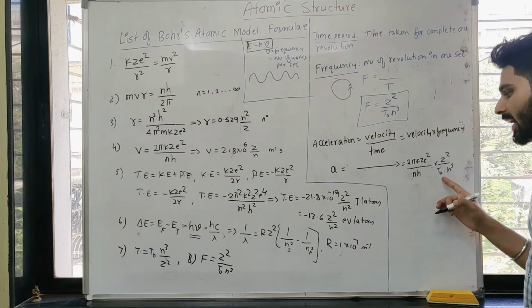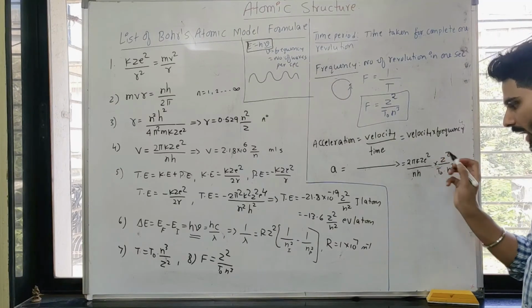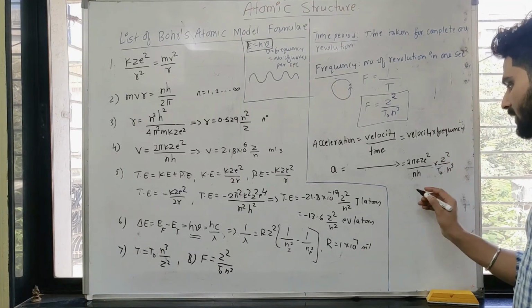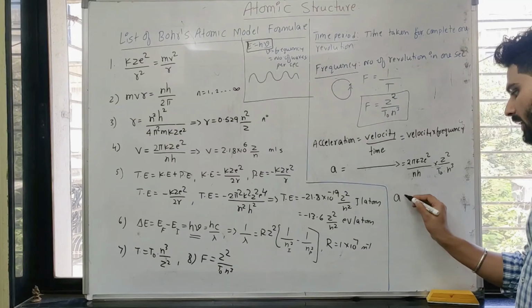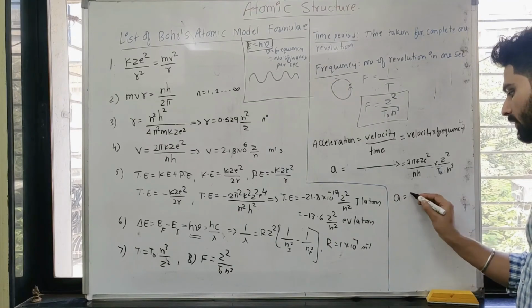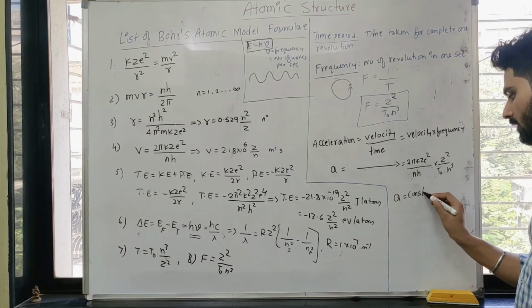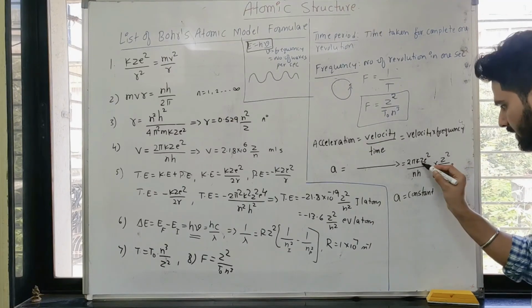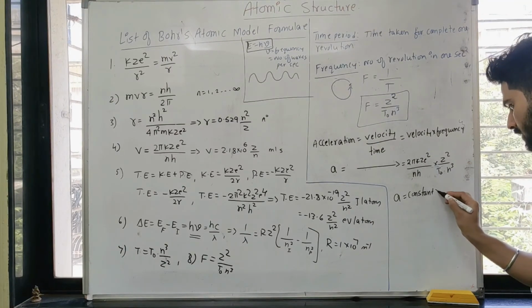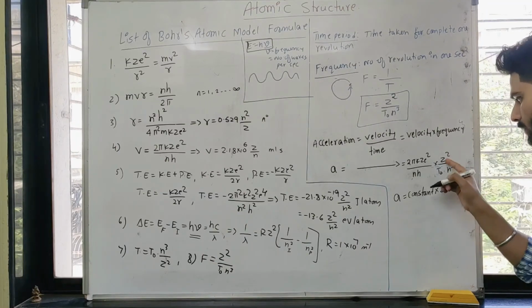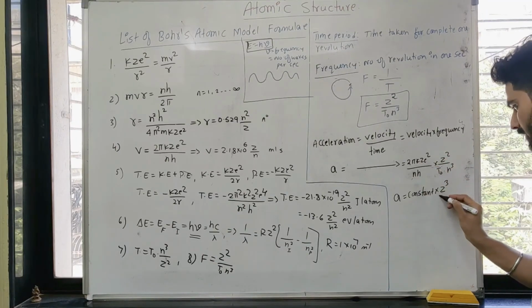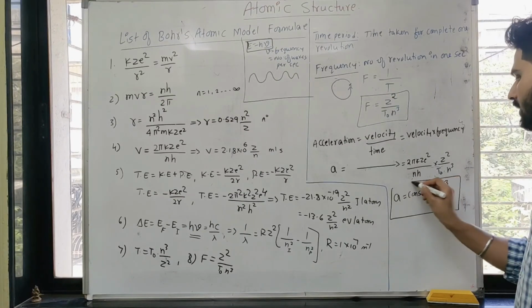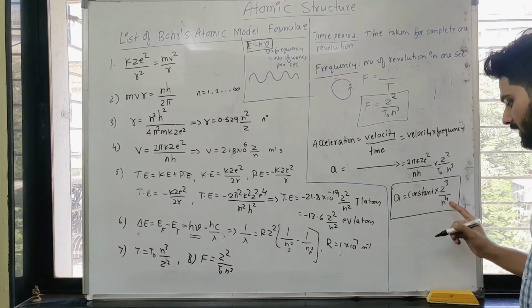Here t naught may have some values that can get cancelled with this, but because we have just assumed it as t naught, I will put one constant, and just leaving z here, this becomes z cube, and one more n here, this becomes n power 4. So acceleration is connected with this.